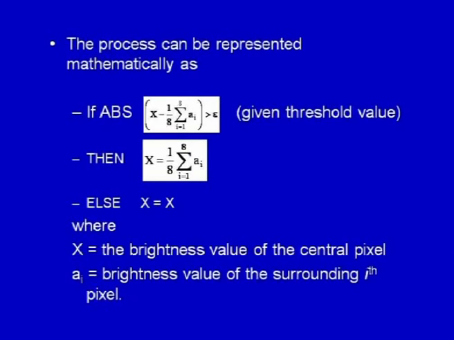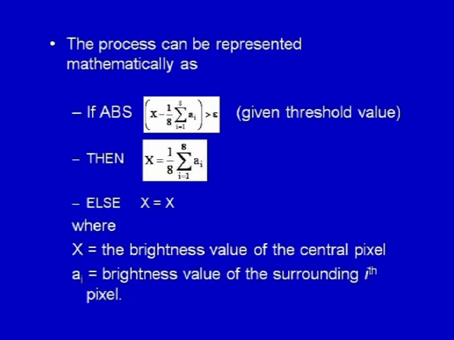So, this process can be represented mathematically as: if the absolute value of x minus 1/8 times the summation of a_i, where i is from 1 to 8, is greater than epsilon, which is the given threshold value, then x would be assigned the average value of all the 8 neighborhood pixels, represented by the equation x equals 1/8 times the summation of a_i, where i varies from 1 to 8.